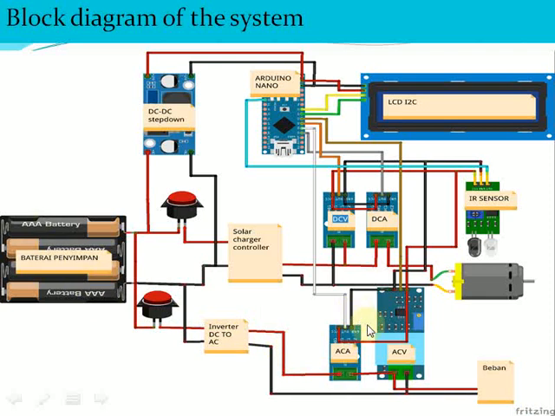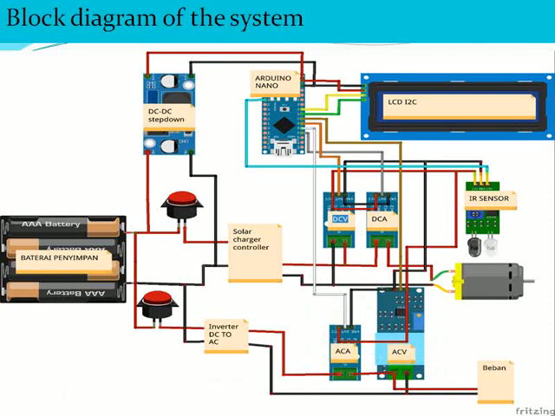In order to monitor the output of our power plant, we use 5 sensors: 1, 2, 3, 4, 5. This infrared sensor is used to measure the speed of the generator. Both of these are used to measure direct current quantities, voltage and current, and this sensor is used to measure alternating current quantities, the voltage and the current.